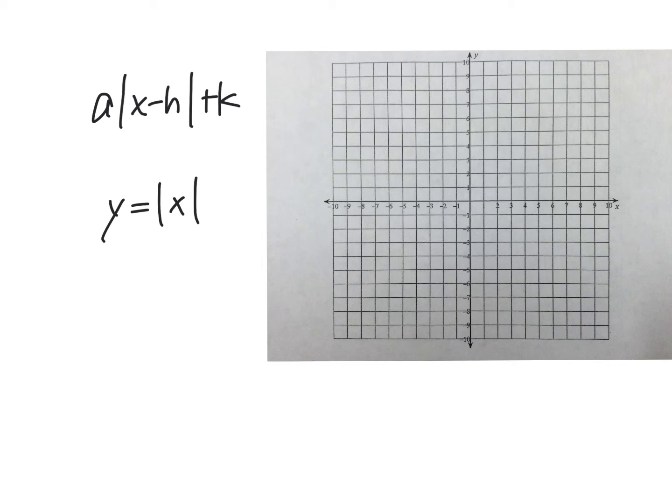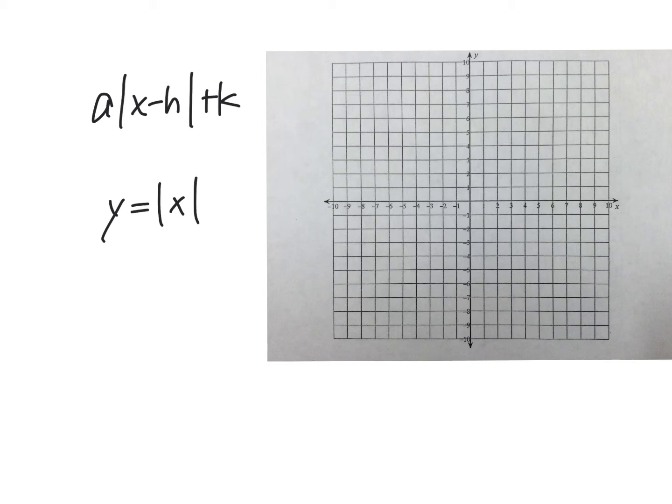Whatever value is in here with x, you always do the opposite, and whatever's outside the x, you always do that thing. Outside the x is up and down, that's y value movement. With the x is left and right movement, but it's the opposite of what you think.